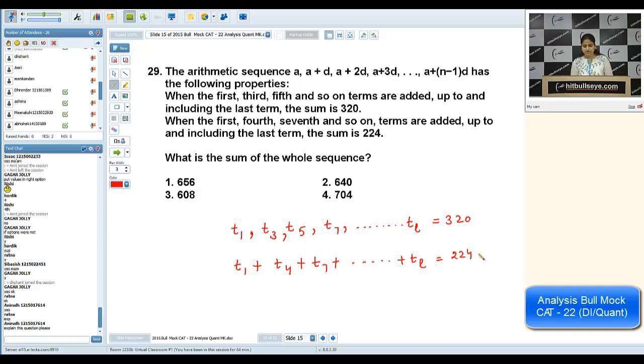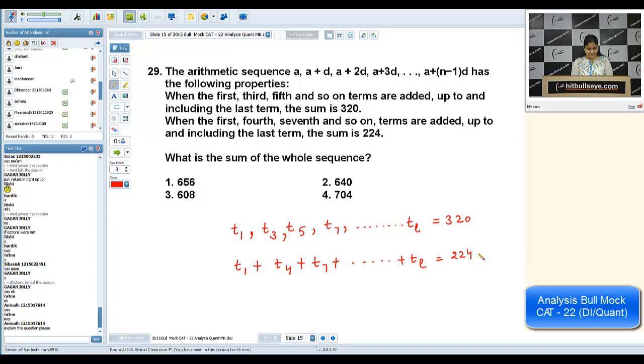Okay. Now what is the thing given here? What is the question asked? What is the sum of the whole sequence? Now we have a formula for how to calculate the sum of an AP. Please give me the formula containing the last term. What is the formula for the sum of an AP?